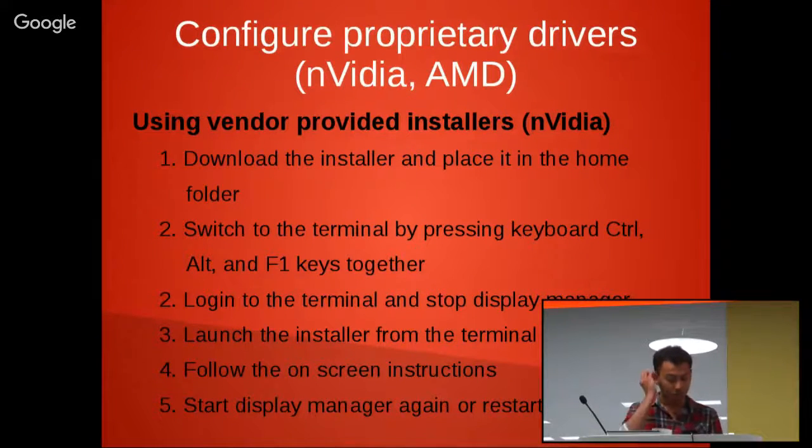The important thing then is you have to go to one of the terminals by pressing Control Alt F1, or F7, F2, F3. If I press Control Alt F1, yeah. So you have to log in using your username and password.